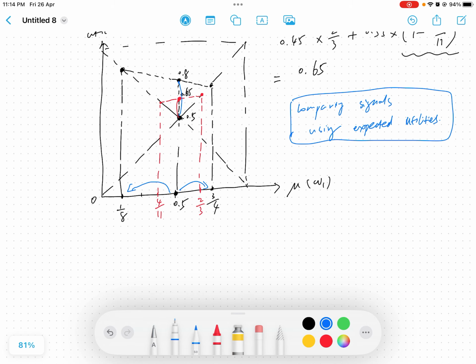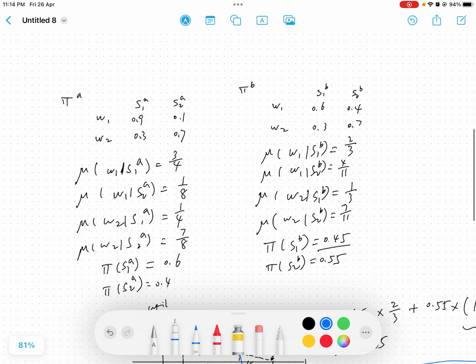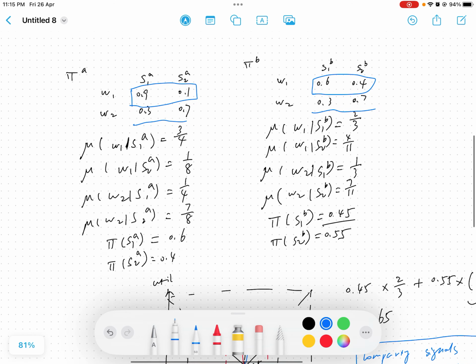We can see from this table that they have the same probability for omega 2, but for omega 1, pi b obviously has a more centered distribution compared to pi a. So pi b is a garbling of pi a: it has a more mixed distribution, or less information than pi a.